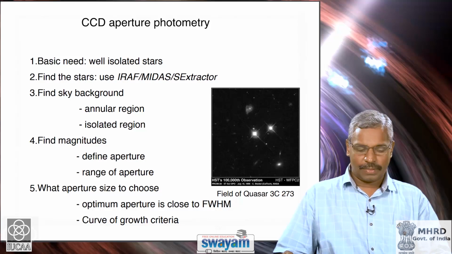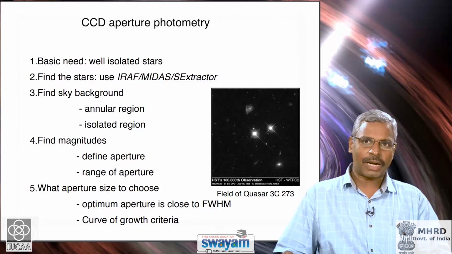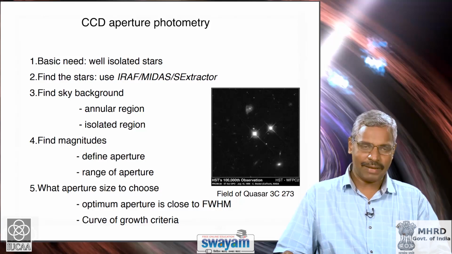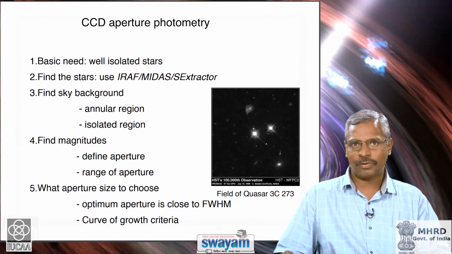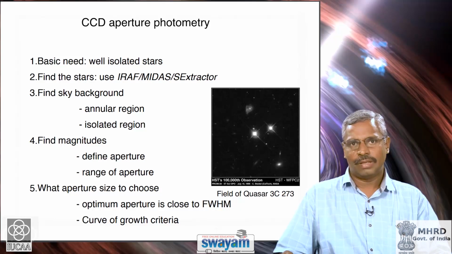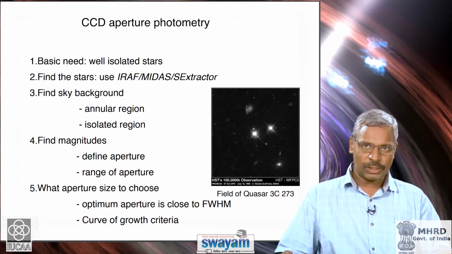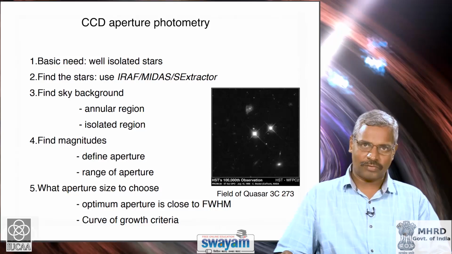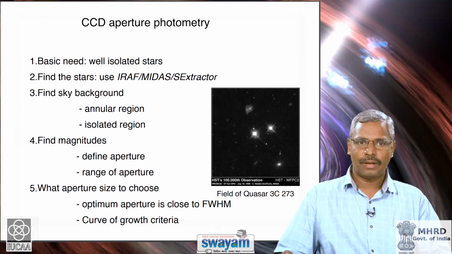The problem here is that if you put an aperture around a star and collect the photons, what you measure is the sum of the photons coming from the star plus some additional background photons. Basically, these background photons are sky photons. Therefore, to get the actual number of photons coming from the star, we have to remove the photons coming from the sky.